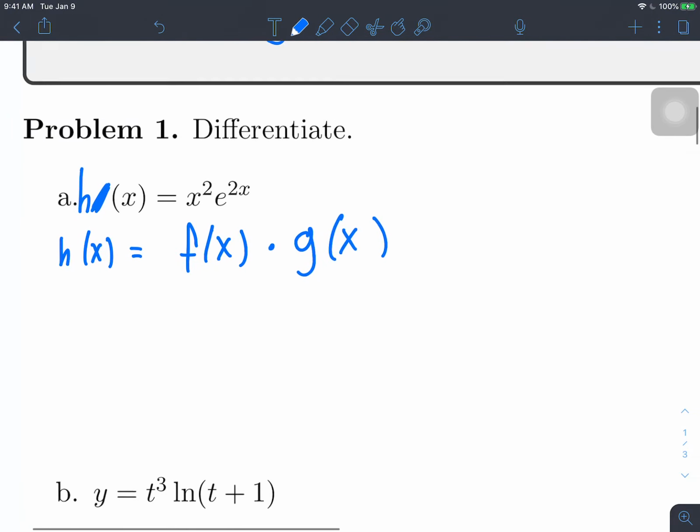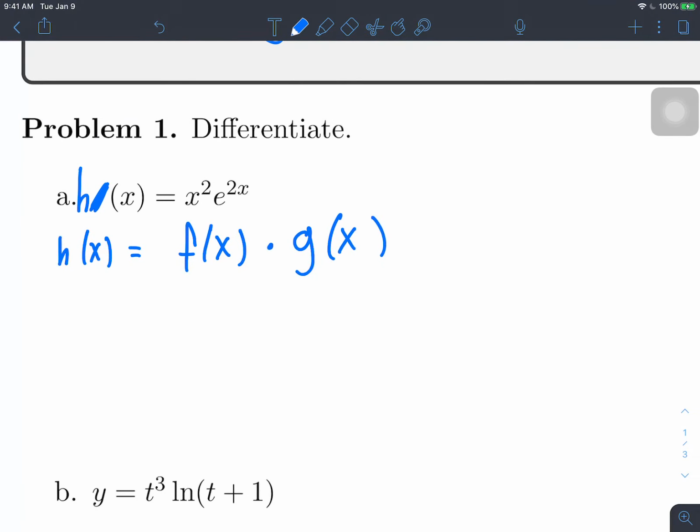So my question is, what is f of x and g of x? Can someone give me one of them? Yeah, f of x is x squared, and then g of x is just going to be the thing that x squared is being multiplied by, which is e to the power 2x.